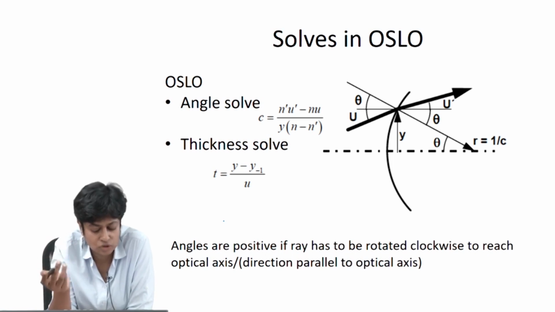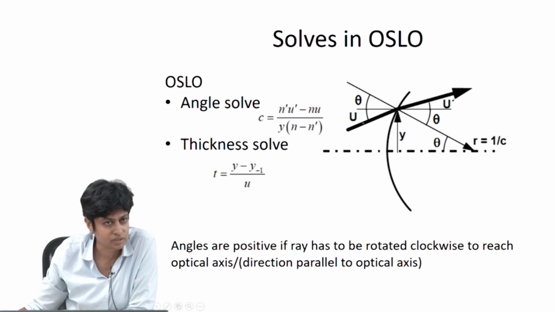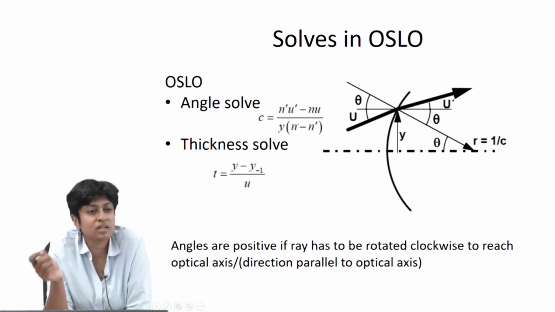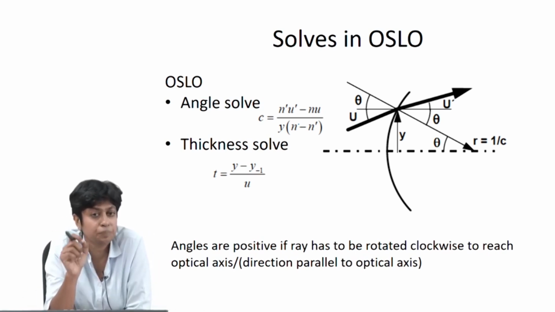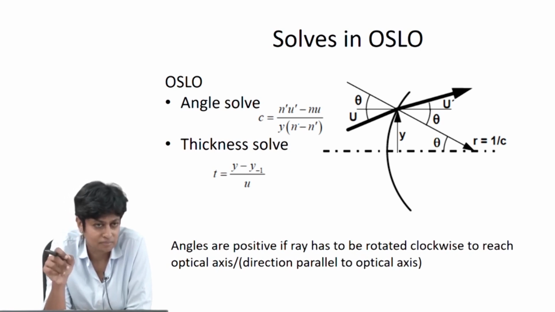One is the angle solve, and you should recognize this equation. We just derived this now. So what are you doing with the angle solve? You are saying I want the curvature of a surface to have a certain value such that the ray that traverses it will have a certain angle.